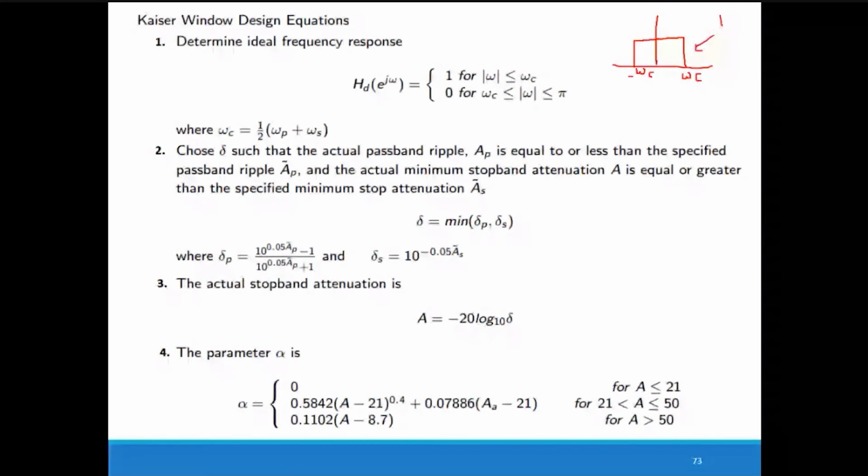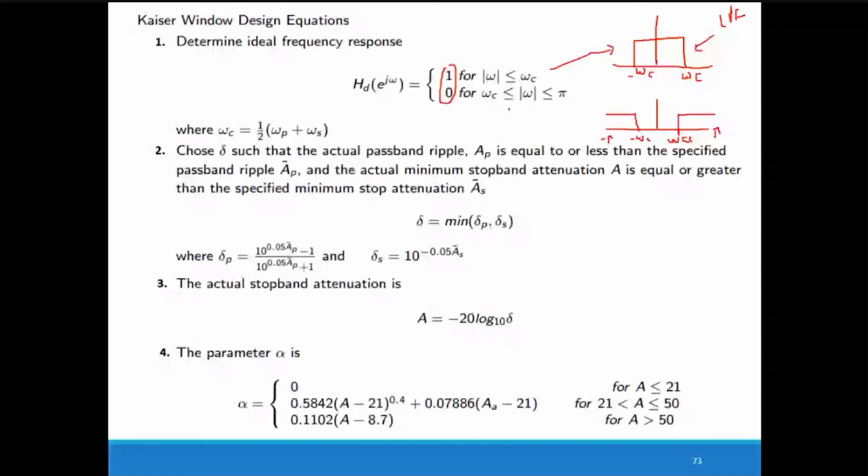Similarly, if we are using the high pass filter, then the range will be like this: omega c to pi, and here you are getting minus omega c to minus pi. Okay, so this equation represents the low pass filter condition. If I reverse the order of 1 and 0, then it represents the high pass filter.